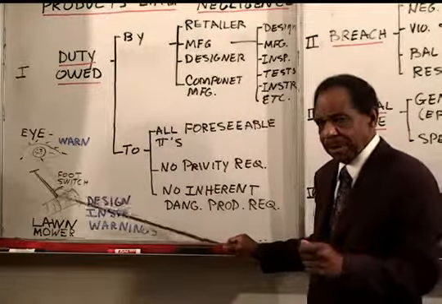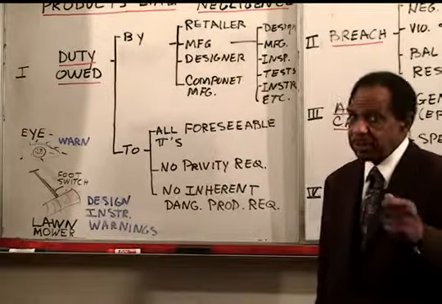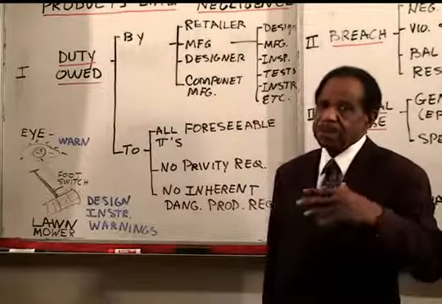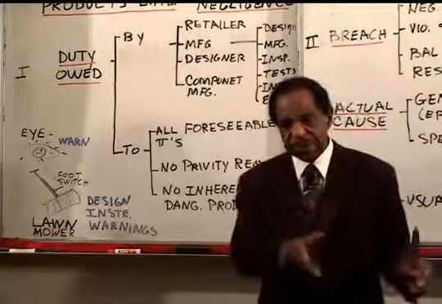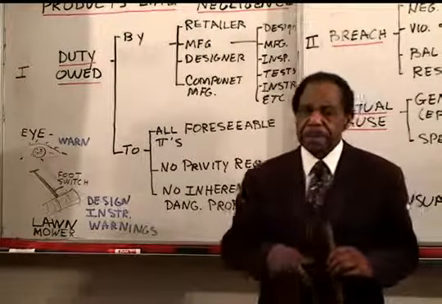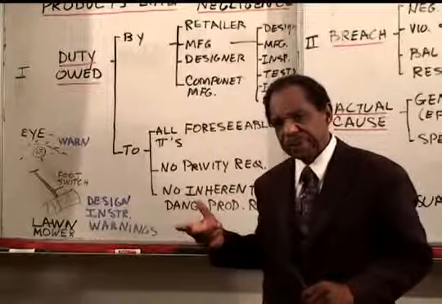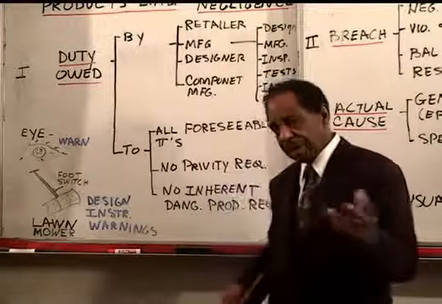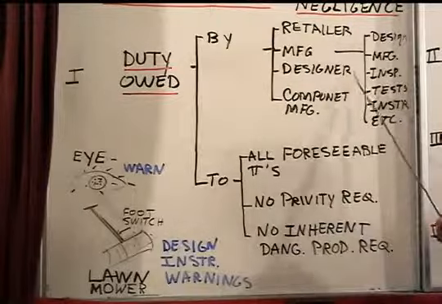So it's interesting that what turns out to be a design defect because it was negligent, or even a warning defect, you should have warned because it was easy to do and you didn't do it, you can end up with strict liability because that failure to warn or the failure to design it safely makes the product defective. And so when you look at the product under strict liability, you will say the product is defective and strict liability applies. So this conduct gets used twice. So here, this lawnmower is an example of a negligent design.